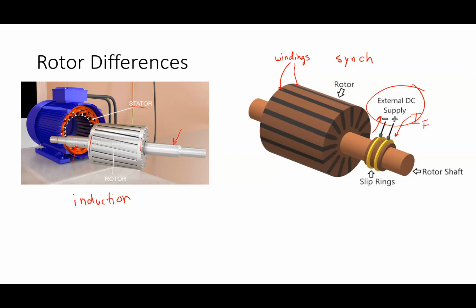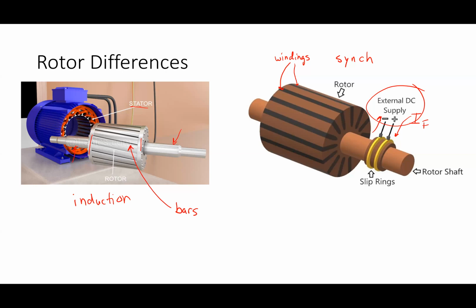The important thing is, if I look at these black lines right there, those are bars. In small machines, and this one here would be a small machine, when I say small in the context of its horsepower rating, those windings might be aluminum.